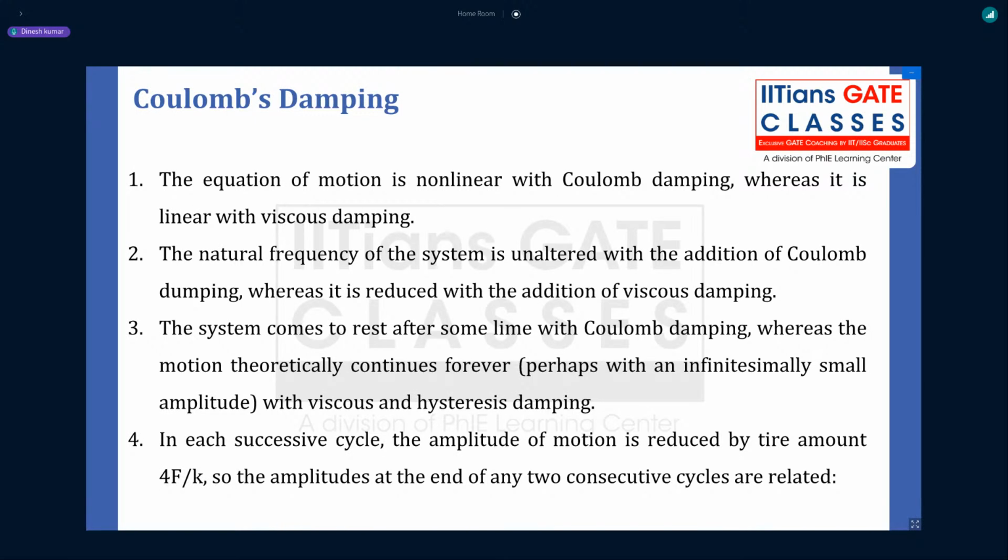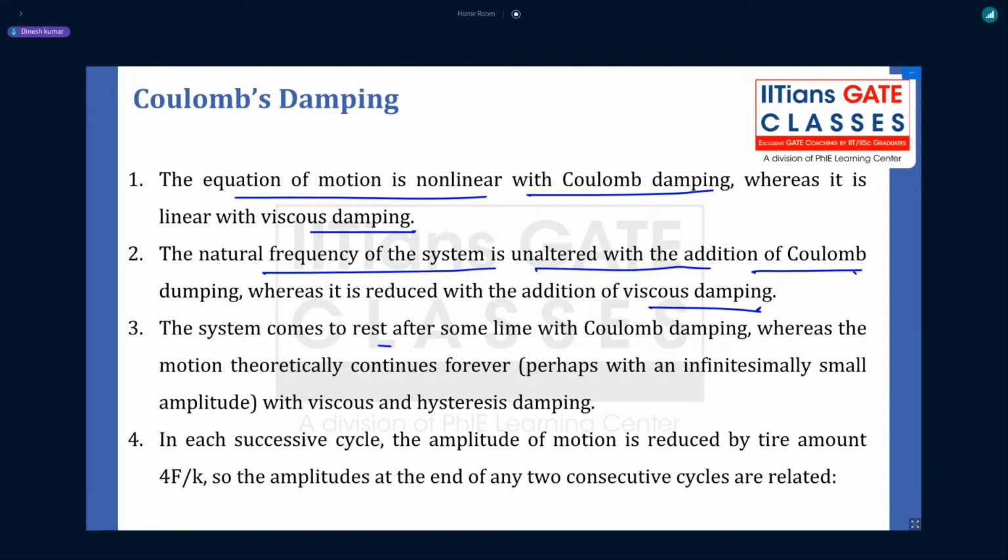So these are a few points about Coulomb's damping which anyone can refer to. The equation of motion is non-linear with Coulomb's damping, whereas it is linear in case of viscous damping. The natural frequency of the system is unaltered with the addition of Coulomb's damping. But in case of viscous damping, the natural frequency changes, or the frequency of the damped free vibration will be different.